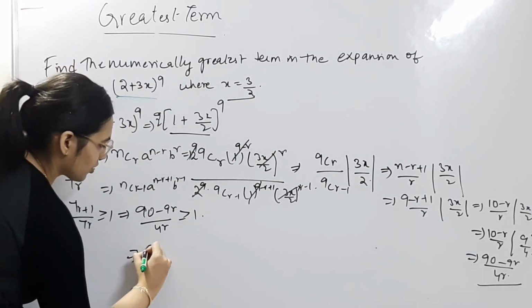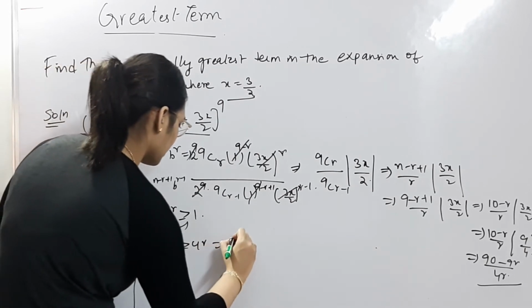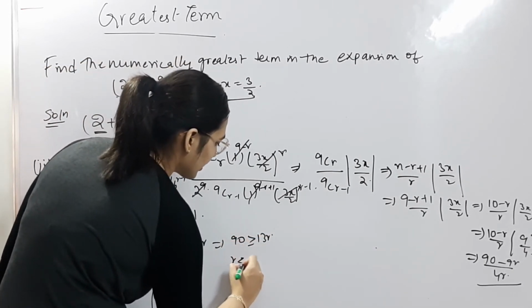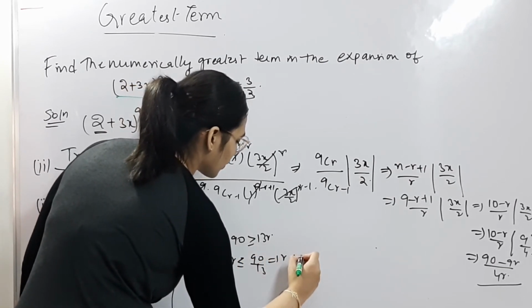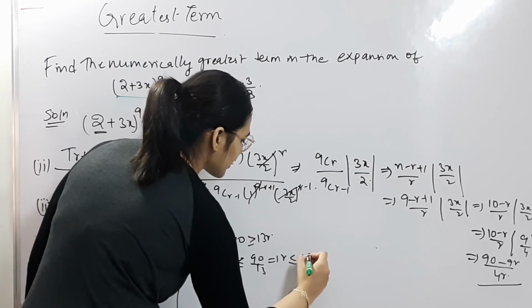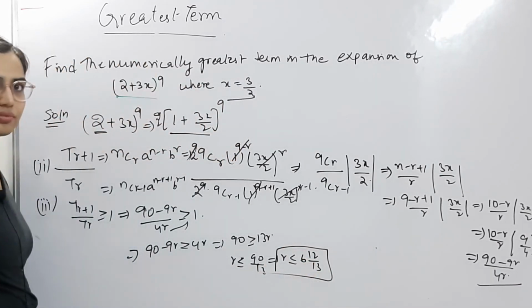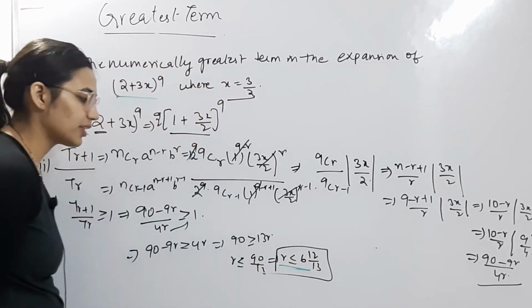So we get how much here? 90 minus 9r is greater than or equal to 4r, and we get 90 is greater than or equal to 13r. So we get r is less than or equal to 90 by 13, which is less than or equal to 6 12 by 13. Okay, so here r is less than or equal to 6 12 by 13.